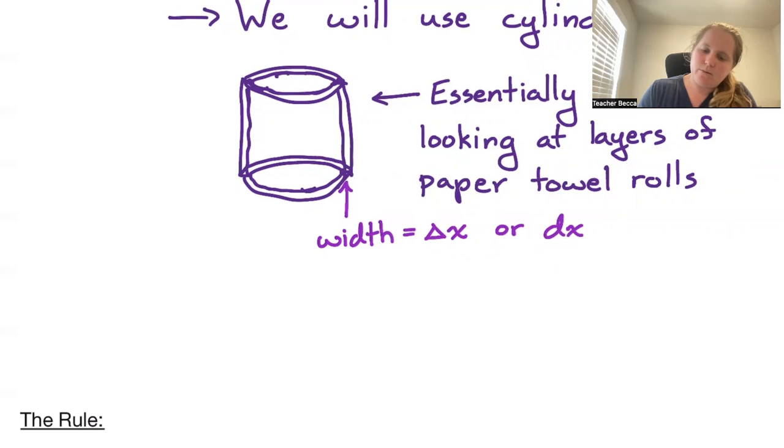Then we also will have a radius and a height.